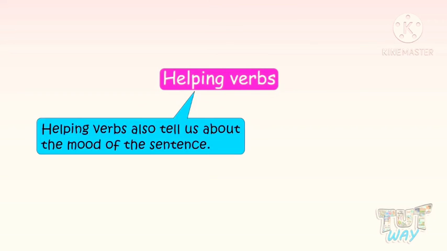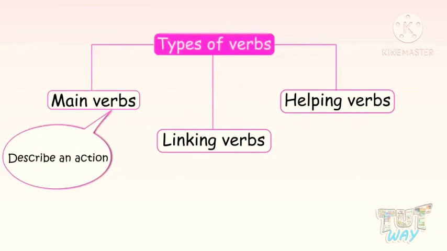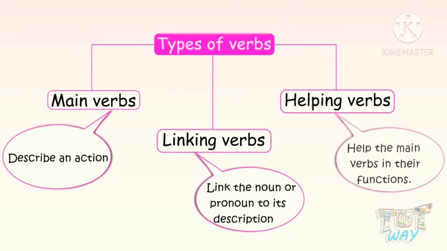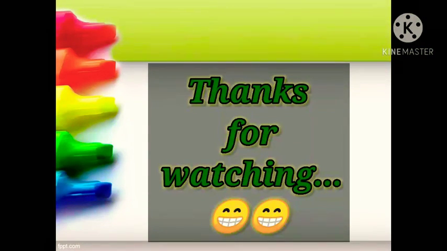Let's revise. Main verbs describe an action. Linking verbs link the noun or pronoun to its description. And the helping verbs help the main verbs in their functions. Now students, hope you all have enjoyed the video as well as found it useful in understanding the concept of verbs and its kinds.